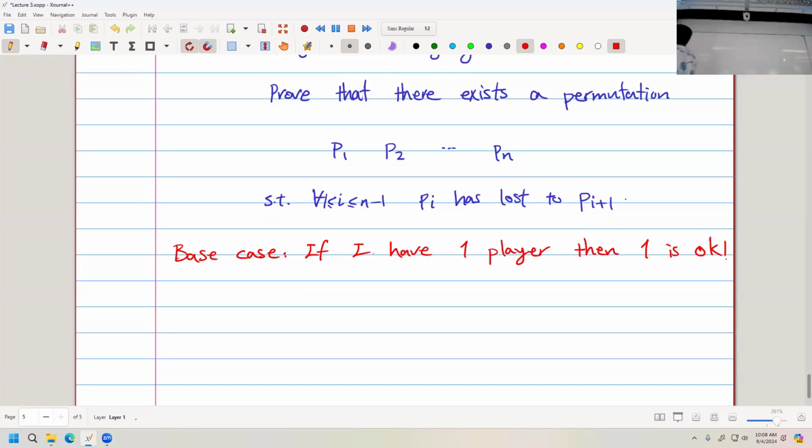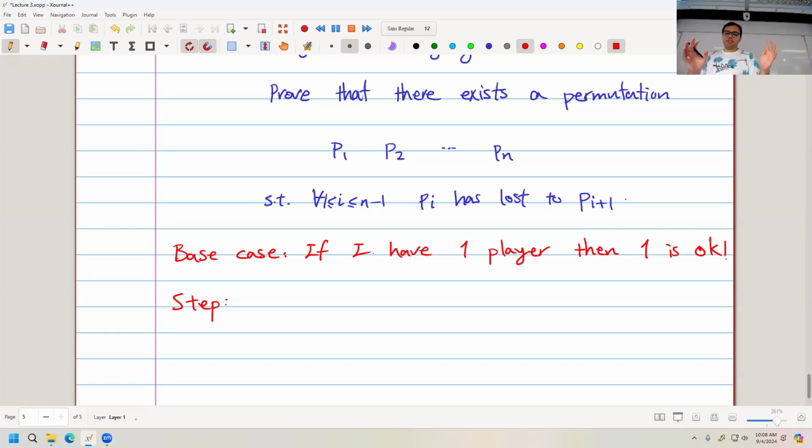Now I want to do my induction step. So I'm going to assume that this is possible for n players. I want to prove that it is also possible for n plus 1 players. So this is the induction step. I have n plus 1 players. Let's take out player n plus 1 and just look at the first n players.